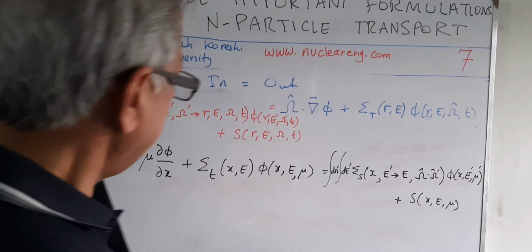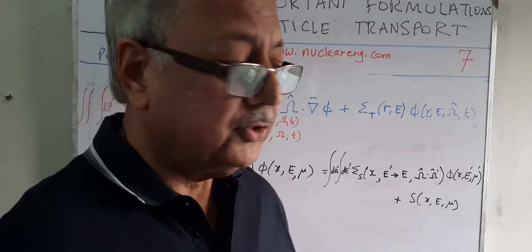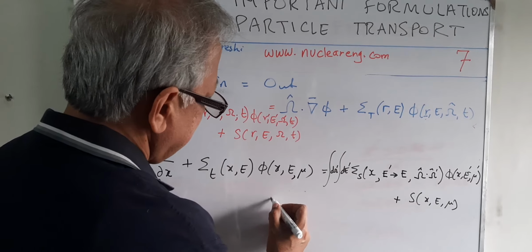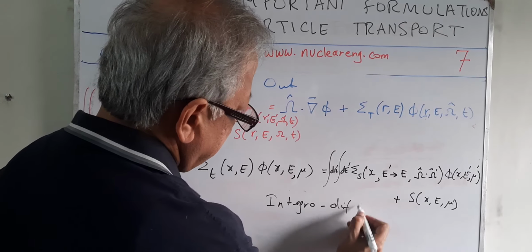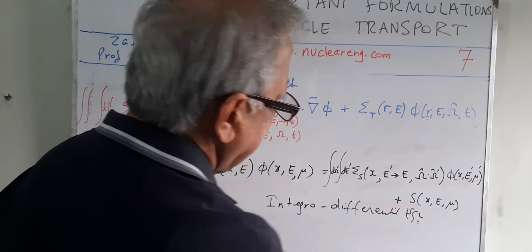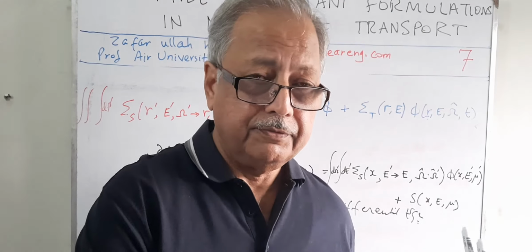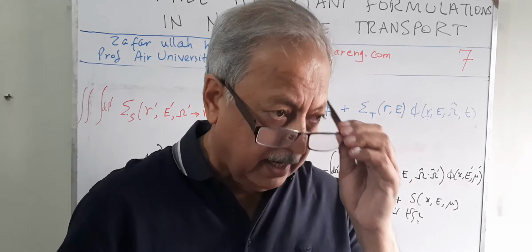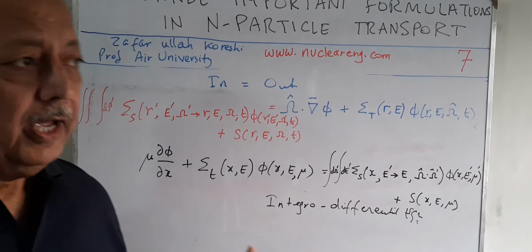So what does this look like? Now this looks like an integral differential equation, and it is one of the easier forms of the Boltzmann transport equation. Now, this also is a conservation equation.